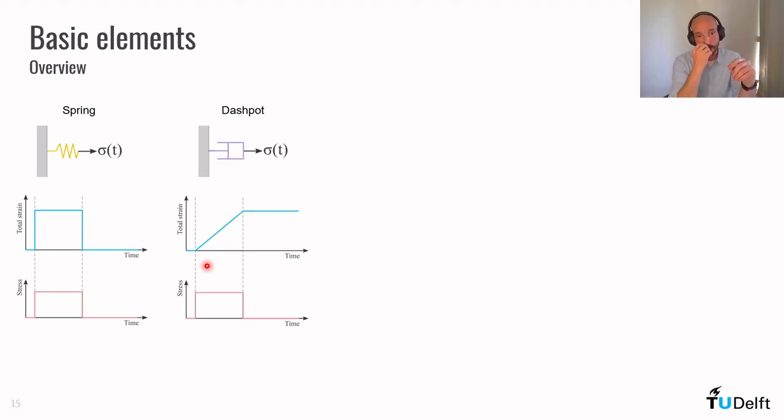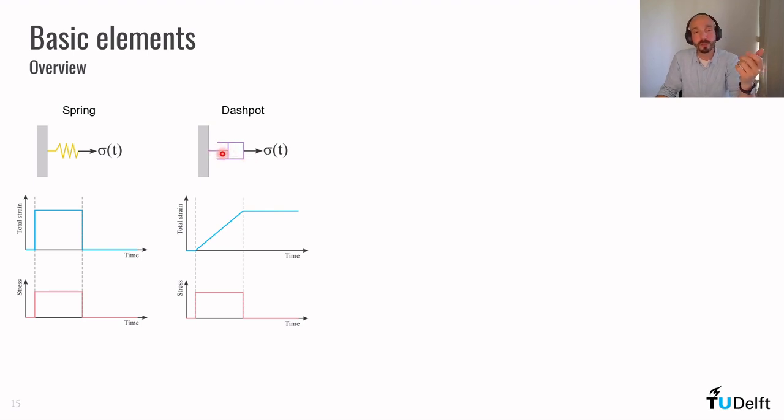Next, we have a dashpot. A dashpot behaves very differently than a spring. You can think of a dashpot as a cylinder with a piston inside, and to the left of this piston, between the piston and the cylinder, we have a fluid, and that fluid has a certain viscosity.